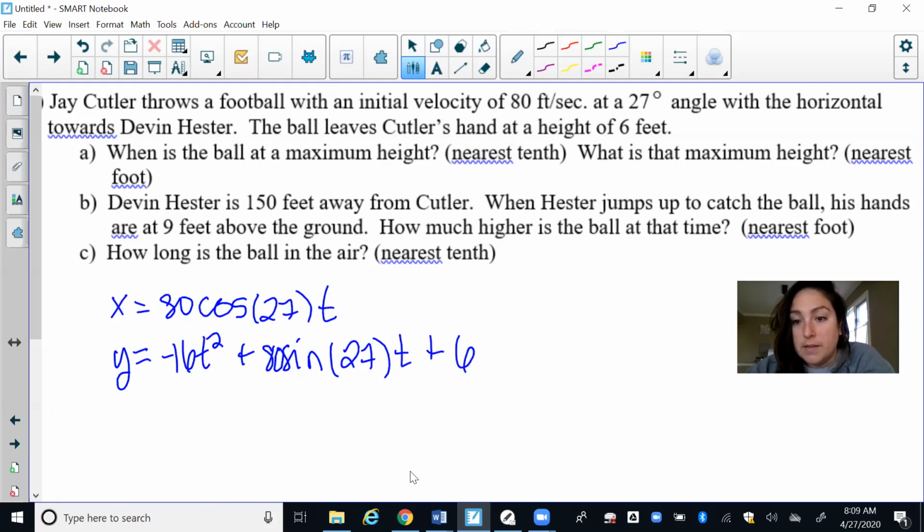So there is a set of parametric equations.